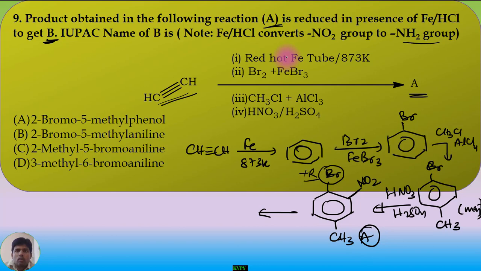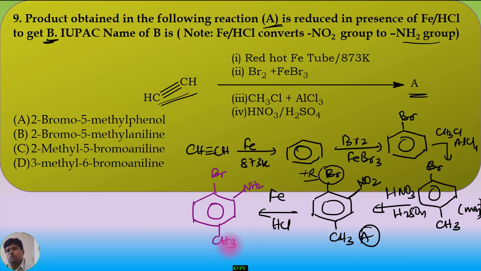And once we get A, what we need to do is reduce it to B. So Fe/HCl will convert A to this compound, Br, NH2, CH3. So this is the product obtained. This is B. So now let us name this.